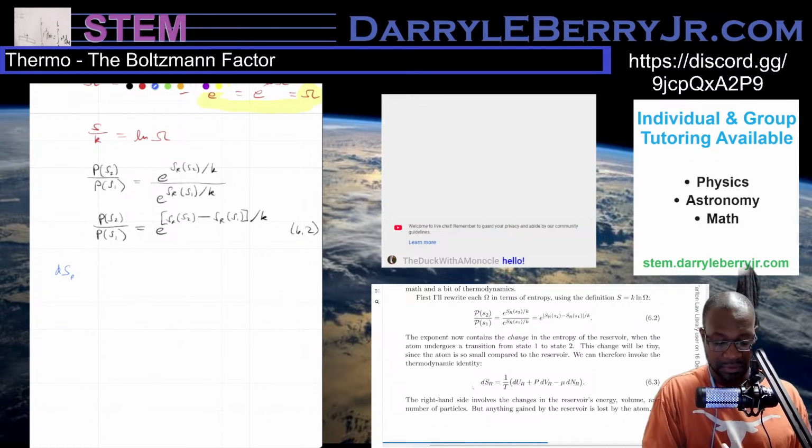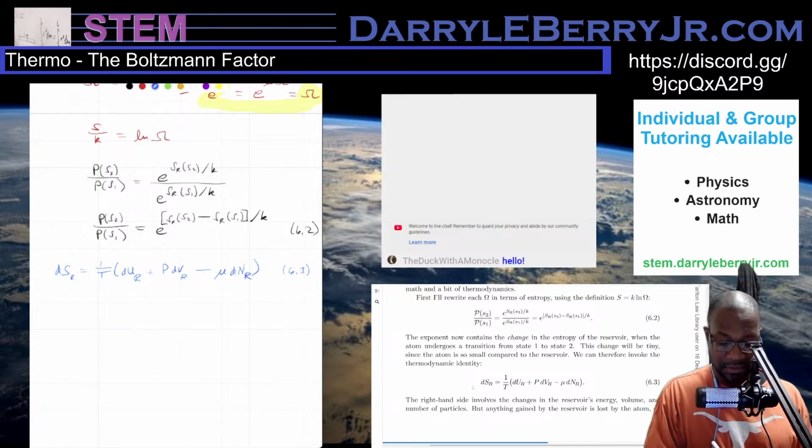The infinitesimal change in entropy of the reservoir equals 1 divided by T times the change in energy of the reservoir, plus P times the change in volume of the reservoir, minus mu times the change in the number of particles of the reservoir. I don't remember the exact name of that term, mu, the chemical potential, and it's 6.3.